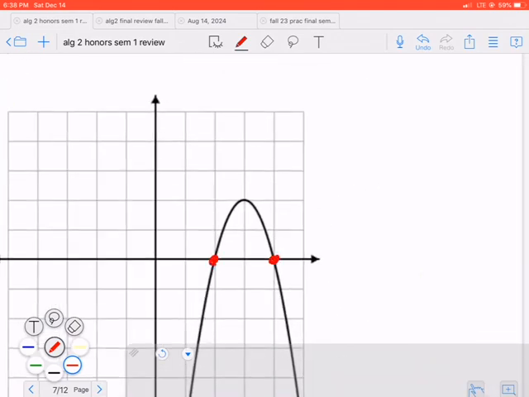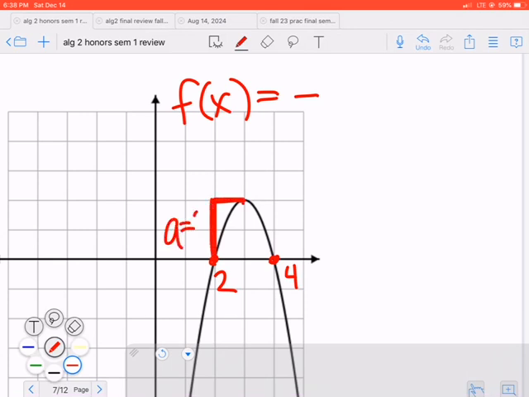And this one, factored form, it's crossing 2 and 4. And it's upside down, so it'll be negative. And the a value is 2. It's going over 1, down 2. So negative 2 times x minus 2 times x minus 4.